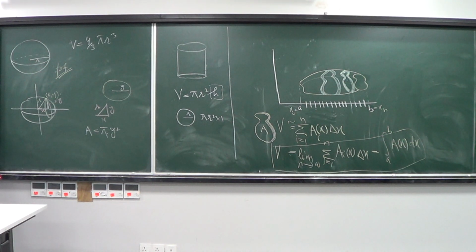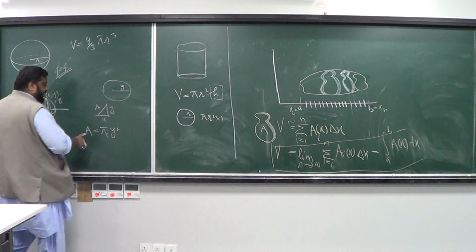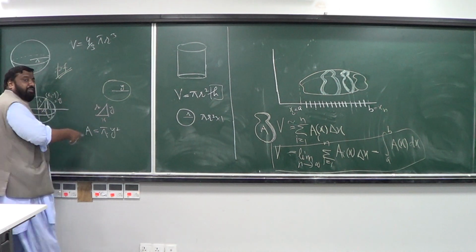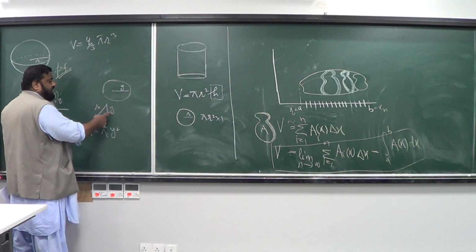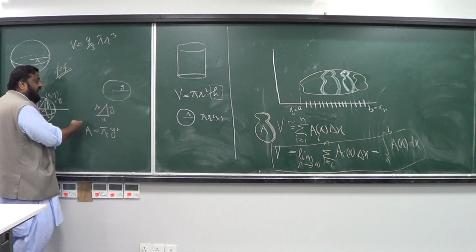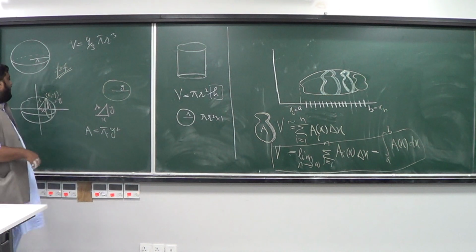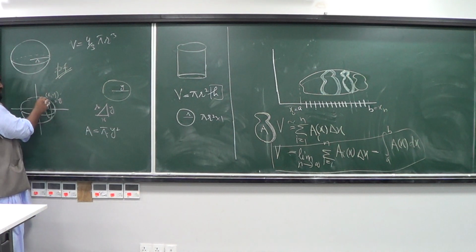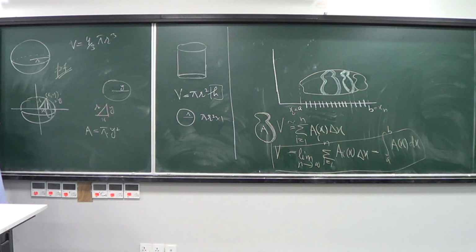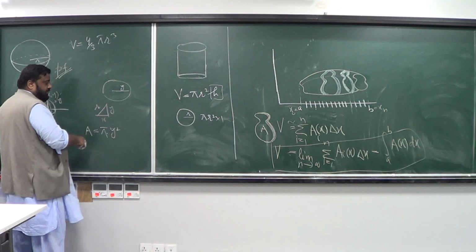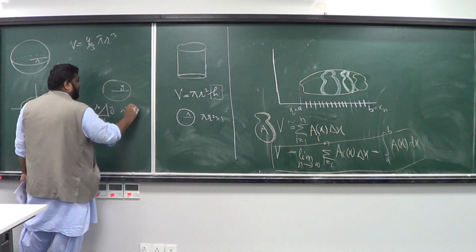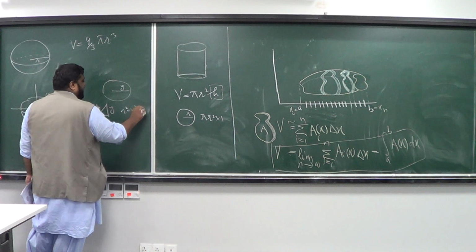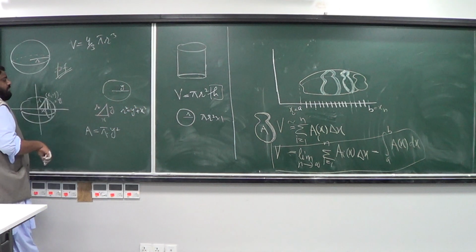Now if you want to make this area a function of x, you need to find the relationship between y and x. How can you find it? By considering this triangle, which is r, y, x. By the Pythagorean theorem, r square is y square plus x square, perpendicular square plus base square.